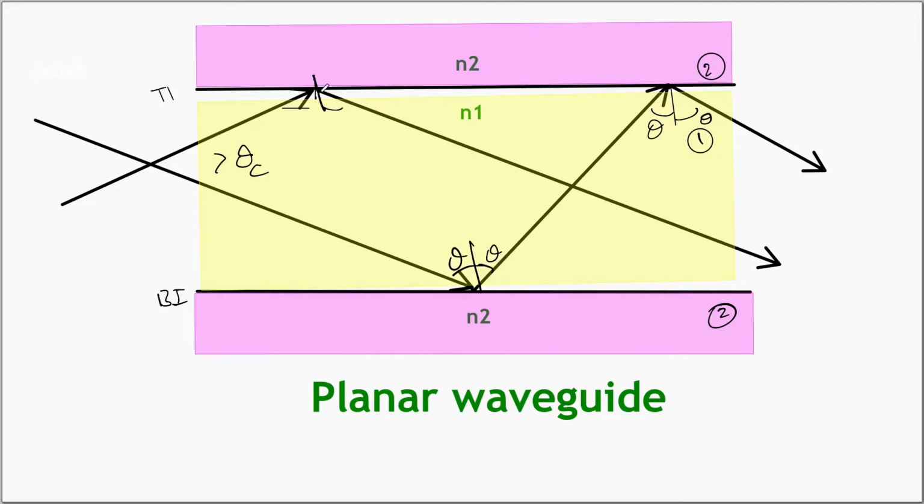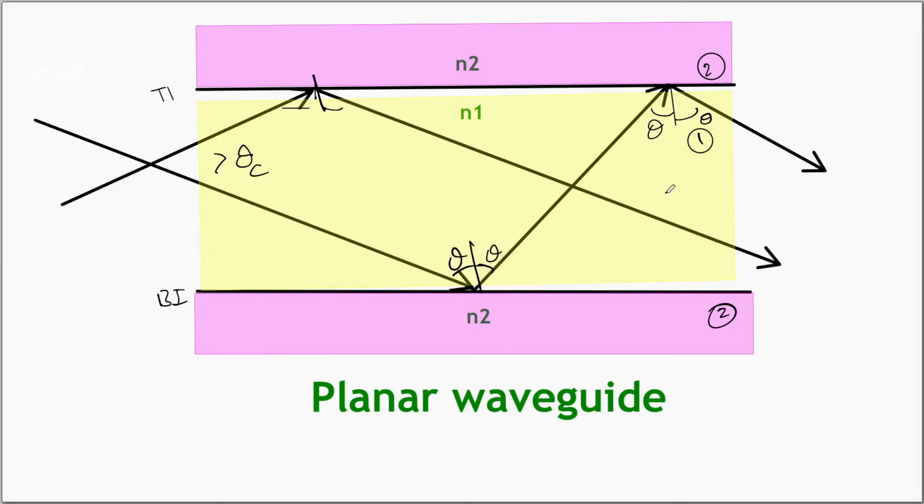This ray obviously will undergo total internal reflection. Similarly, this ray also is touching the interface at this point and undergoing total internal reflection and touching the above interface at this point. The angle of incidence will be the same as that of the angle of incidence here. As a result, the ray further propagates like that.